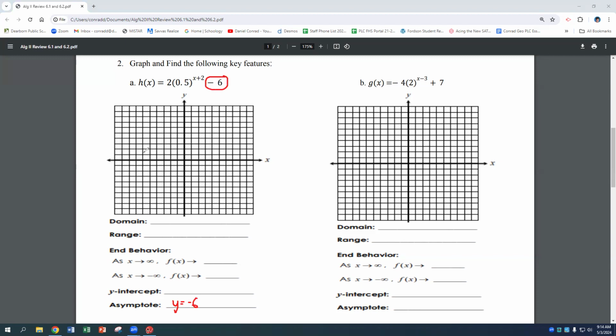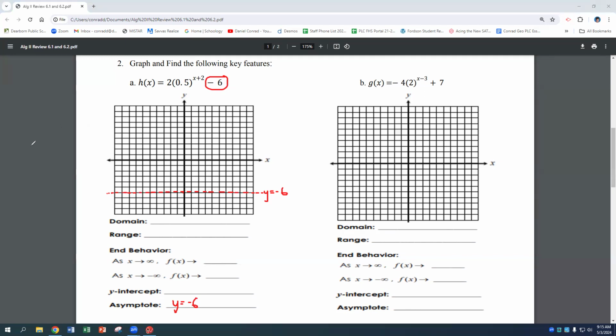Our k value means we got shifted down 6. Usually your asymptote is at y equals 0. If there's no k value, it's at y equals 0, but it's getting shifted down 6. So our asymptote is y equals -6.